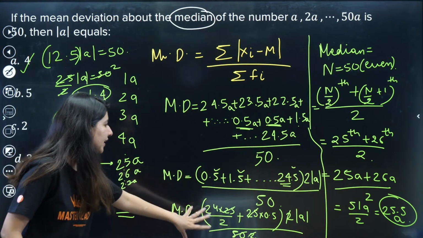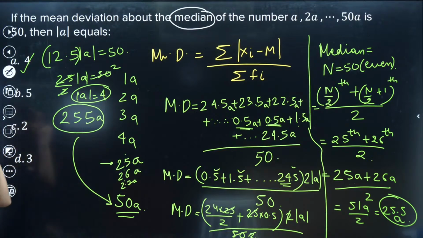From here only you will get the value of mod A. 4 is the correct answer.